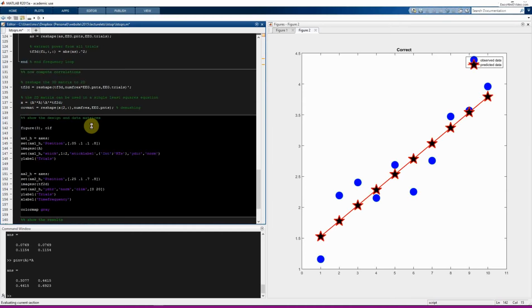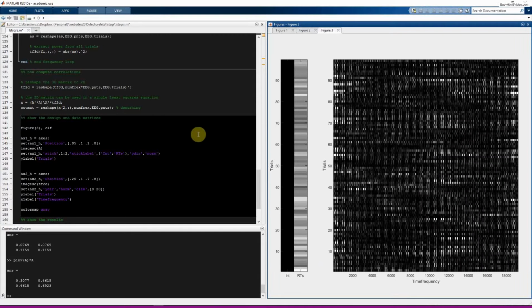And so now let's make some plots of what this thing looks like. So this is our matrix A. You can see it's 2 columns for the intercept and our reaction time term, so an independent variable. And obviously this matrix is definitely not invertible. It's very much rectangularly shaped.